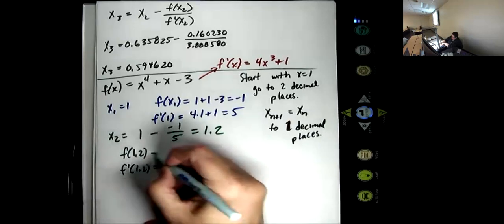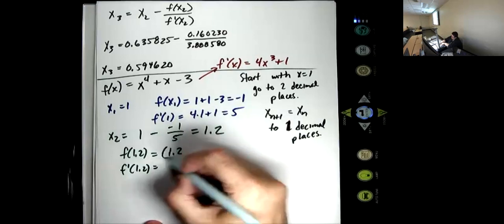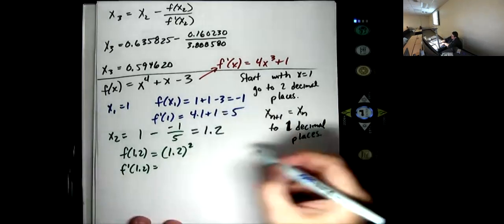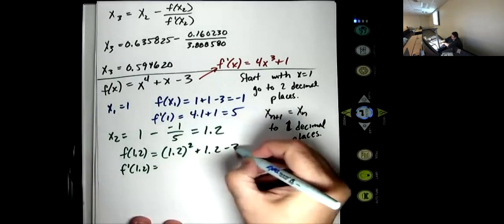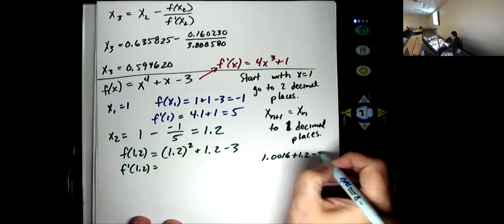All right, I guess this one isn't as easy. 1.2 to the fourth power. Let's see, 0.04, 0.008, 1.0016. See if I can do this one in my head. 1.0016 plus 1.2 minus 3.